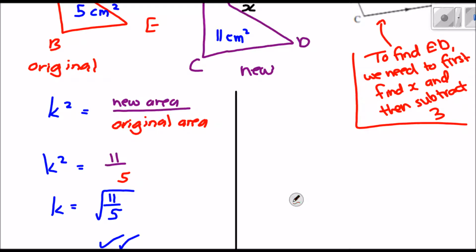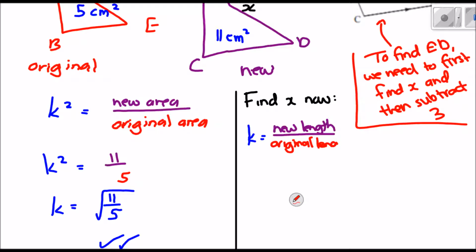Now it's time to find x. We can use the scale factor is equal to, it's always the new length, one dimension length, k, not k squared, new length over original length. And we know our awkward scale factor is the square root of 11 over 5, so just put it in like that.